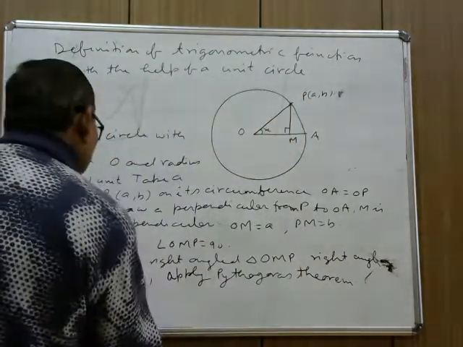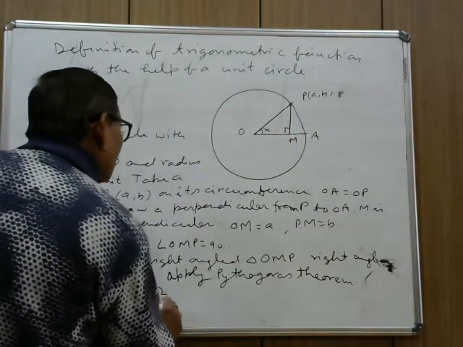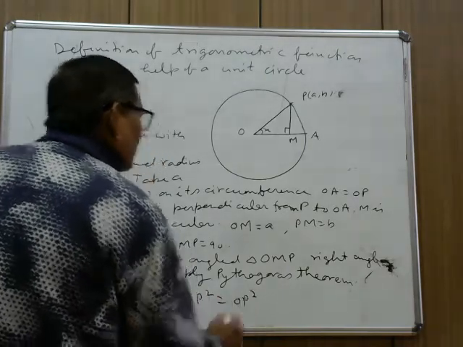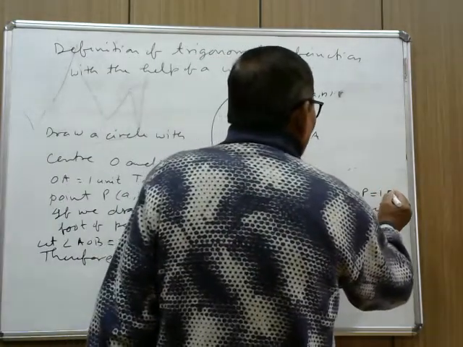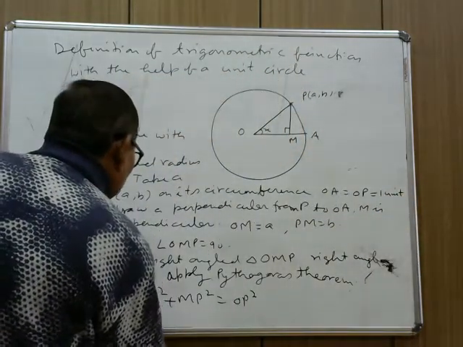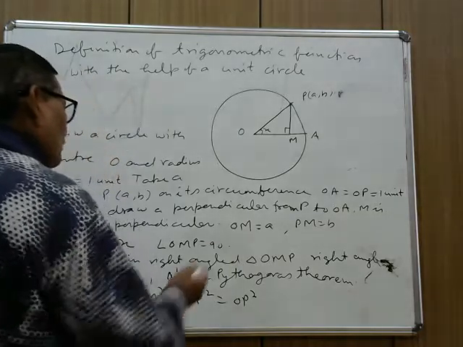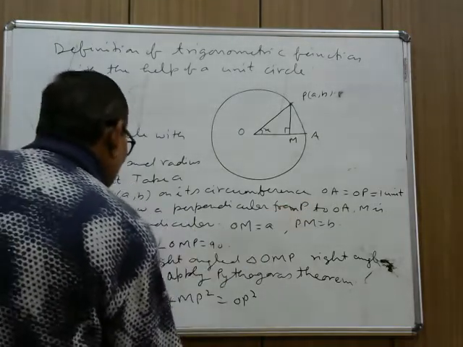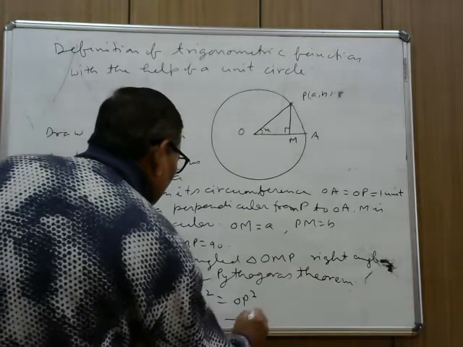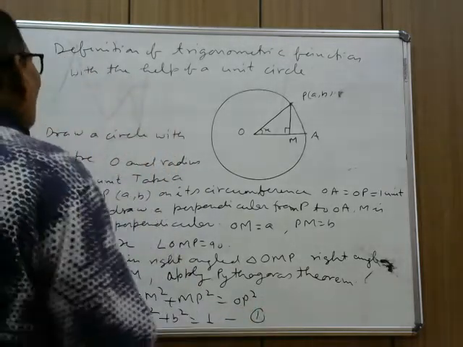So in this case, OM square plus MP square is equal to OP square. OA equal to OP equal to 1 unit. This is your assumption. So OM is a, PM is b. So a square plus b square is equal to 1 square, that is 1. This is your result number 1.